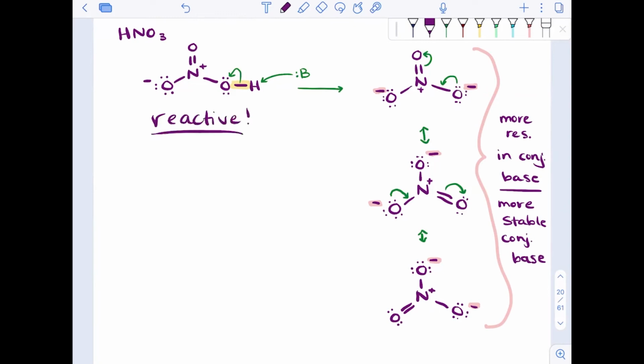We're going to start seeing this comparison. The reactive acids make stable conjugate bases. The more reactive the acid, the more stable the conjugate base. And it's because of this ability to move those negative formal charges around and share them around the molecule that is the stabilizing effect.